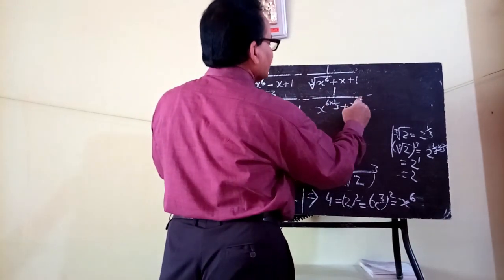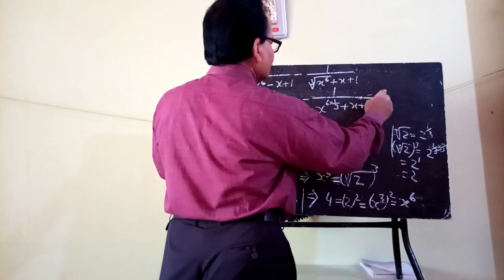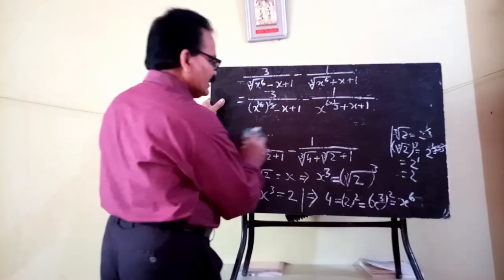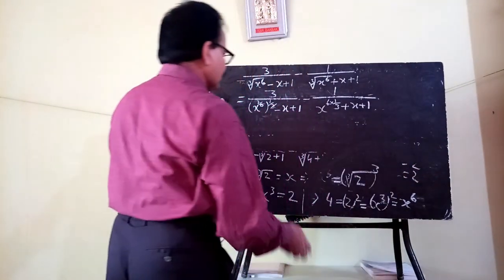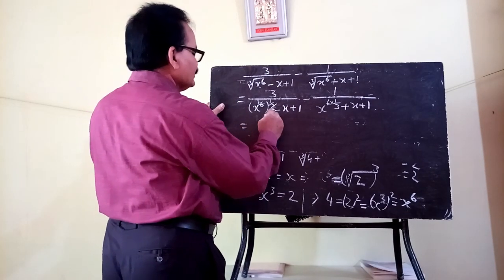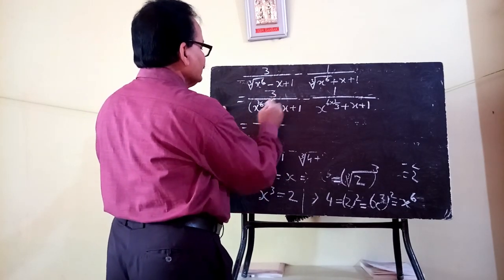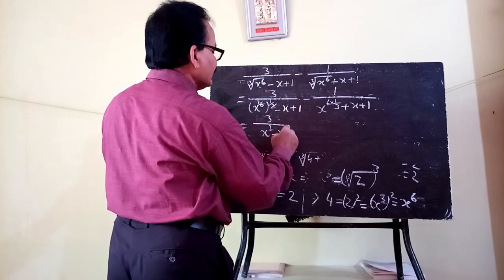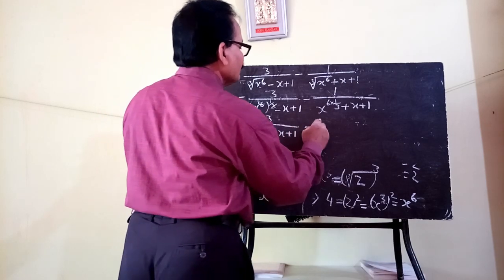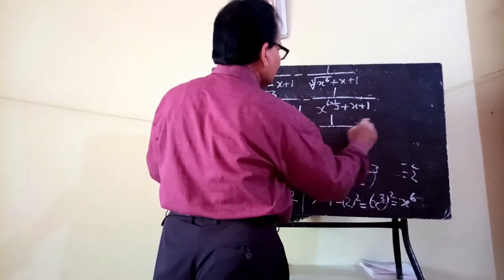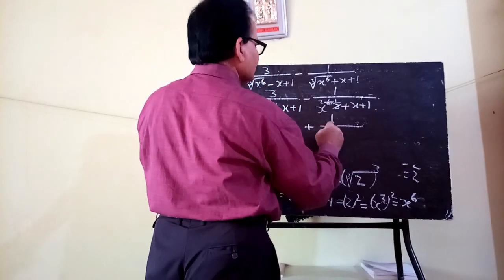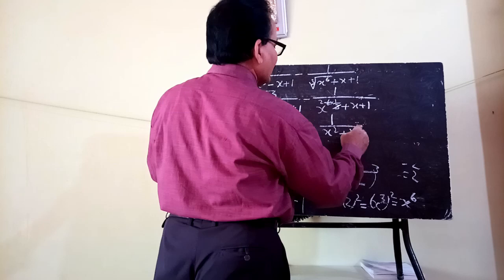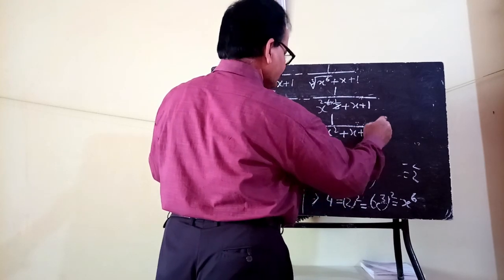So you get 3 divided by (x square minus x plus 1), and again, after simplification, minus 1 divided by (x square plus x plus 1).